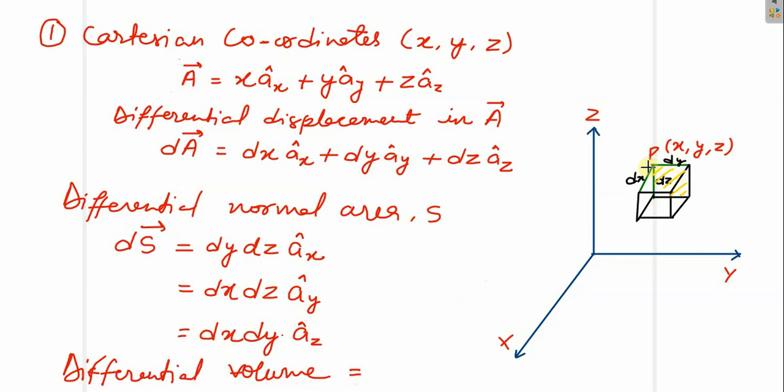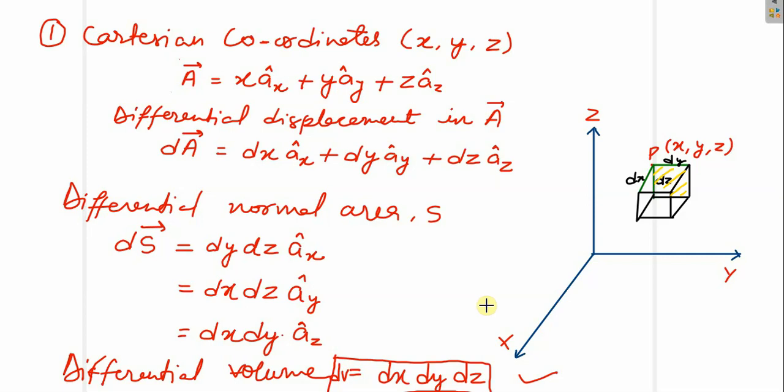So similarly, if I consider the length as dx, width as dy, and height as dz, the differential volume can be written as dx, dy, and dz. Let's say it is your dv. So dv equal to dx dy dz. In this way we can represent the differential volume.